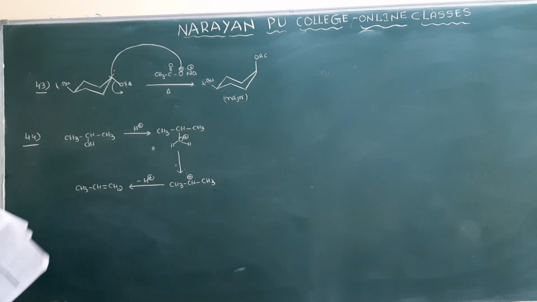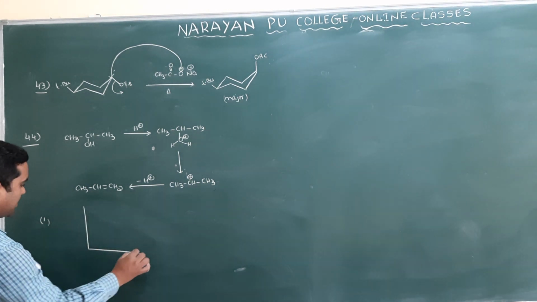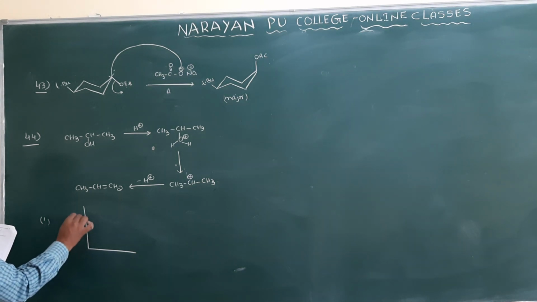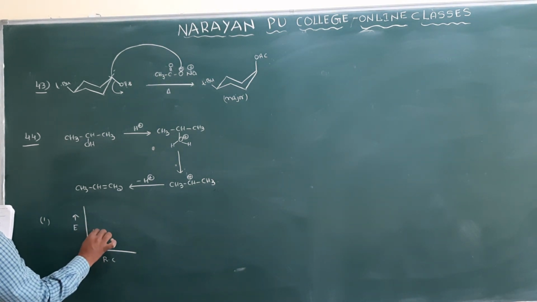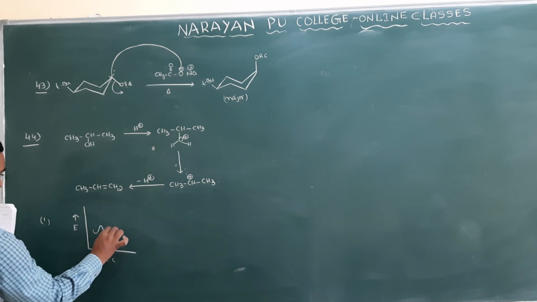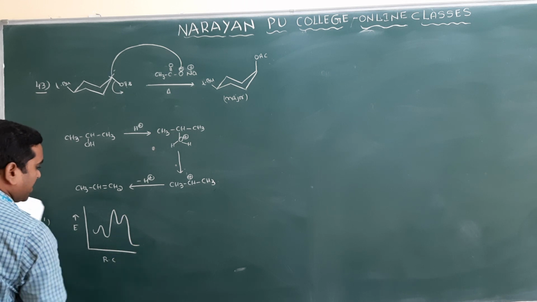For this they have given energy profile diagrams. The first energy profile diagram has energy and reaction coordinate RC. This is the graph. Clear?